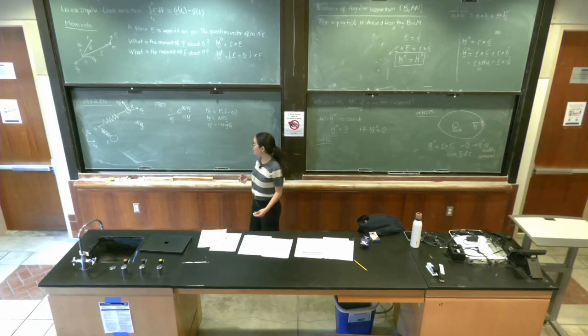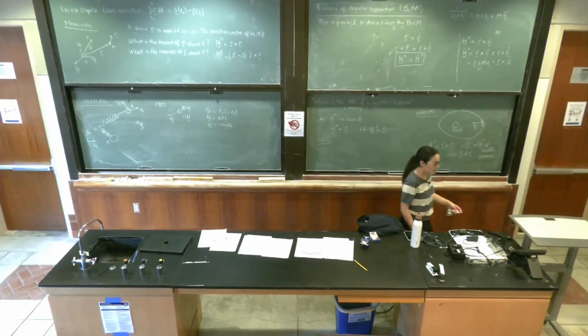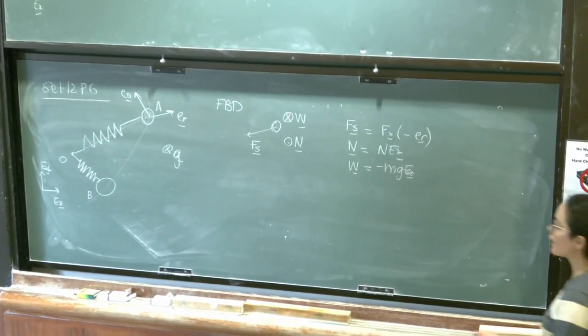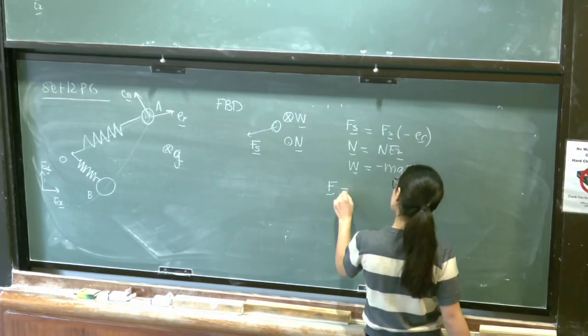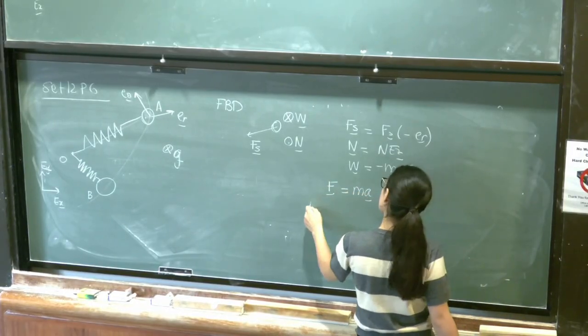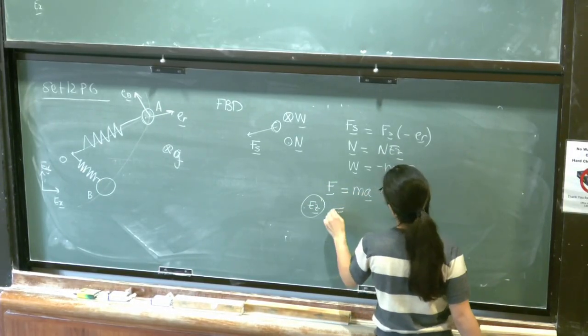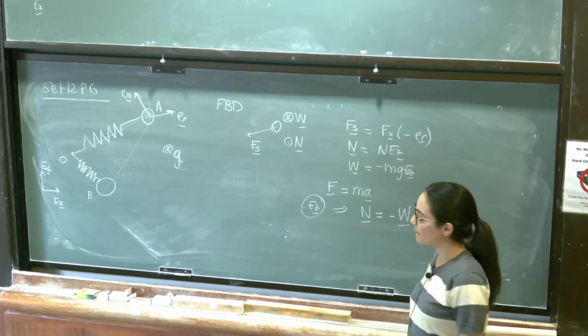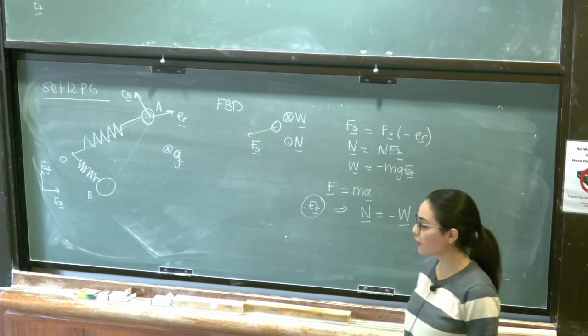Is it equal to the weight? Correct. Why? Yeah, there's no acceleration in the vertical direction. So if I write F equals ma and project along EZ, I'll obtain that the normal force is equal to minus the weight. Okay, so the weight and the normal force cancel out.